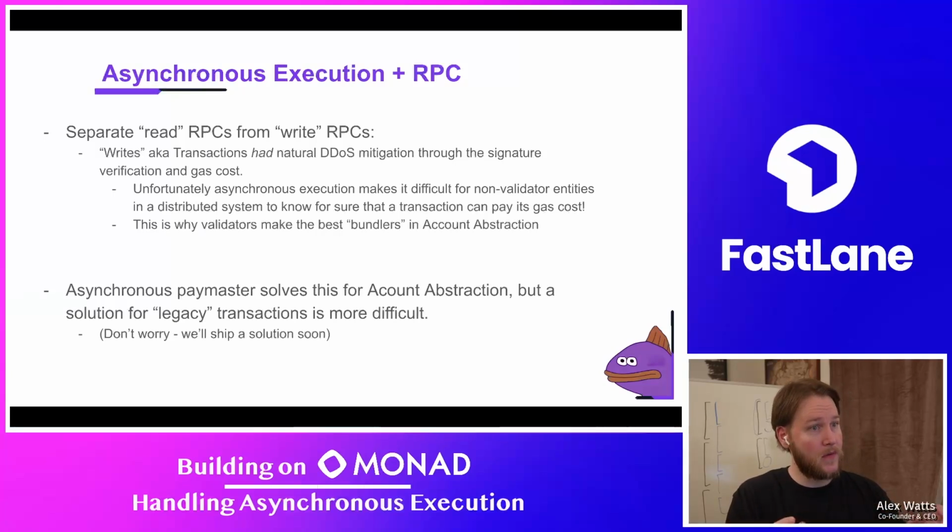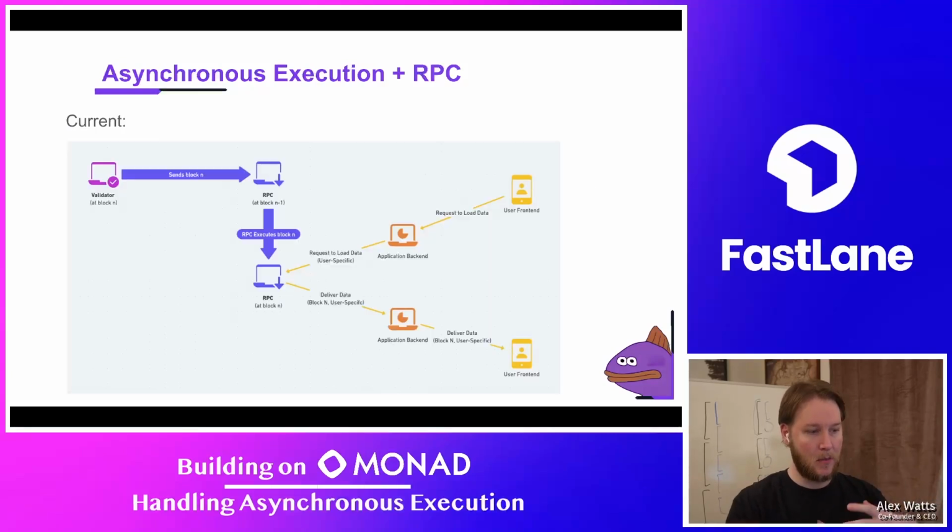So it's hard for us to necessarily know at any given point in time that a user has the balance that they say they have when they send a transaction. Because what if, on one hand, the validator is sending us the block and we haven't finished executing it, and then we get a user request on the other hand? It's very easy to run into a distributed systems problem where your reads and writes are not strongly consistent, at least if you're not the validator.